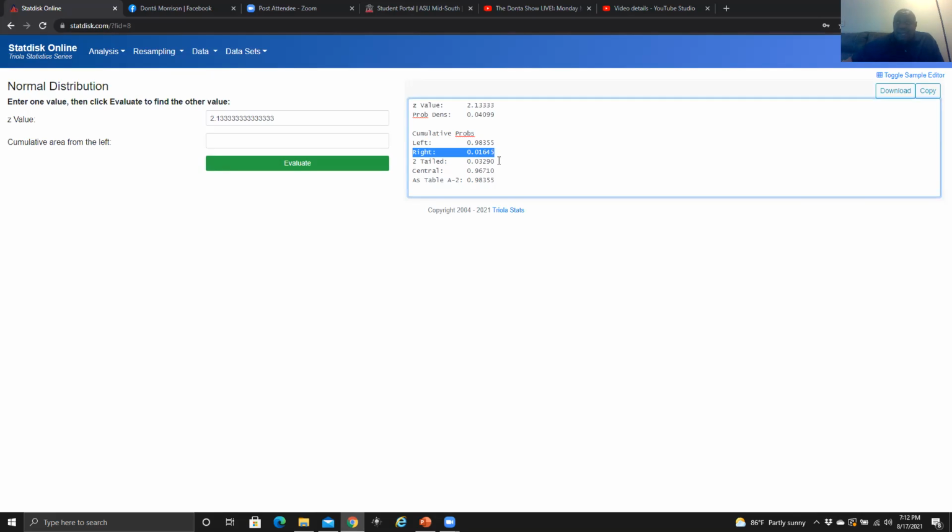We go to the right, it gets bigger and bigger. So it's this one right here that we want, the area to the right. Now we're going to round to 4 decimal places. This will be 0.0165. That represents the probability that a pregnancy lasts at least 300 days.